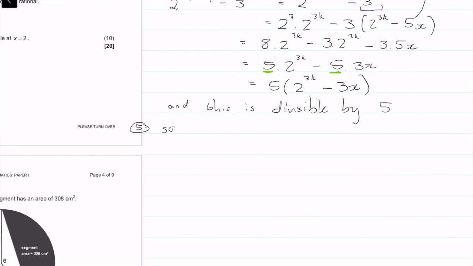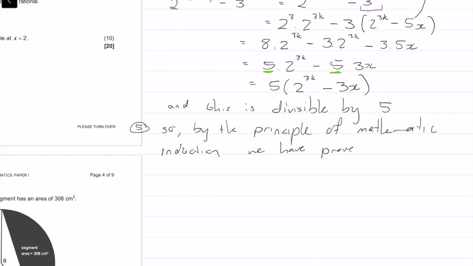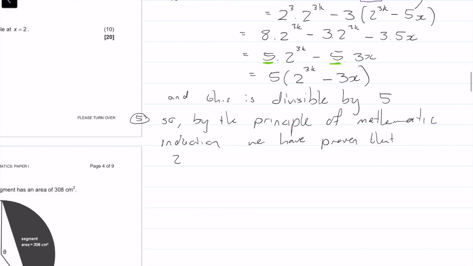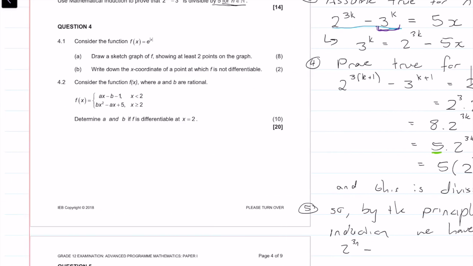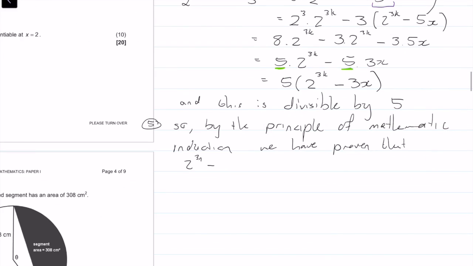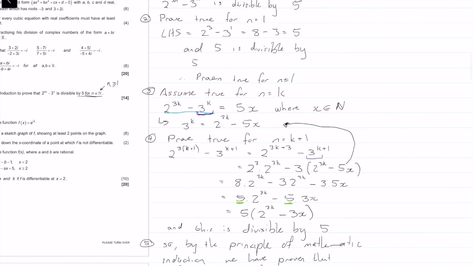So by the principle of mathematical induction, we have proven that, what is the original statement? 2 to the 3n minus 3 to the n is divisible by 5. So yeah, it's a bit of a different approach.